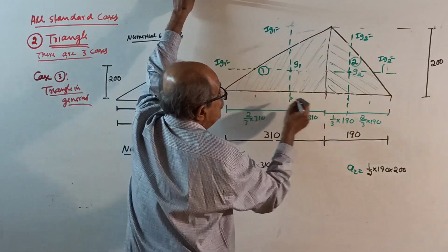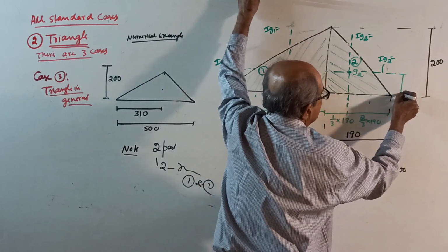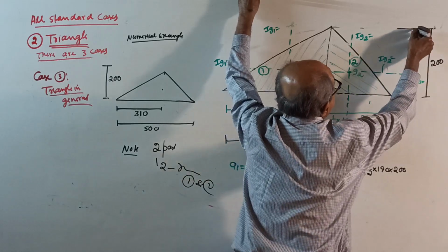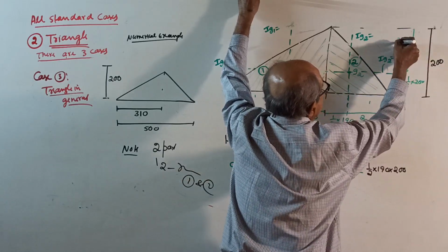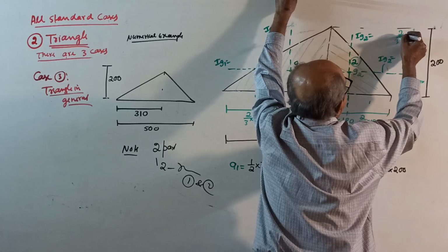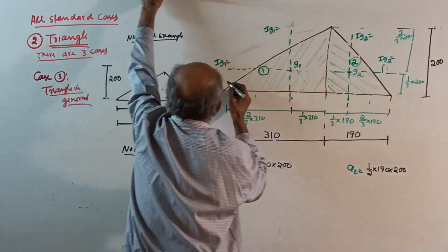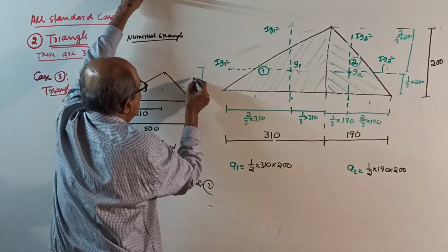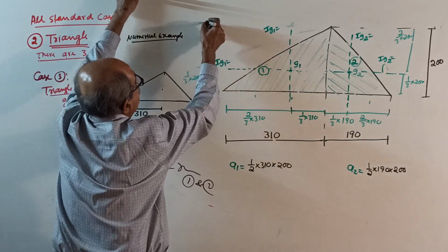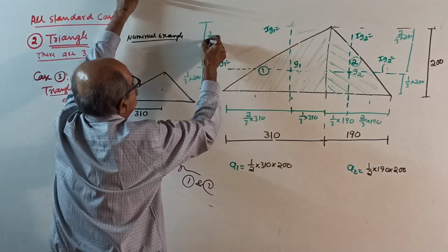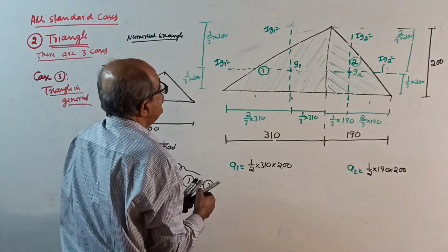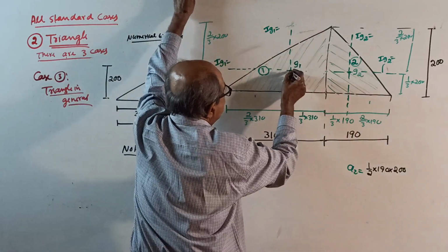This is 1/3 of 200, this is 2/3 of 200, even here also, the same thing, this also is 1/3 of 200, from the top it is 2/3 of 200, okay.